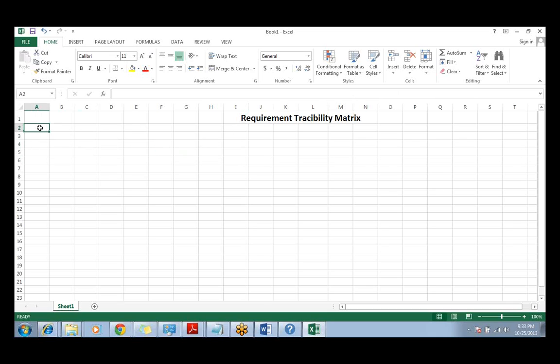Okay, so you have the serial number, that's how the format will go. Then your business requirement, the BR number, and then the business requirement description.